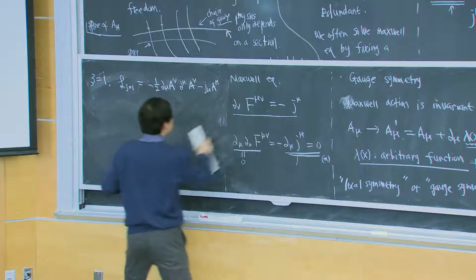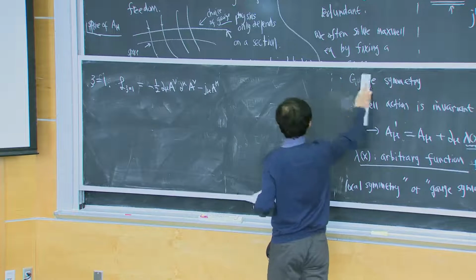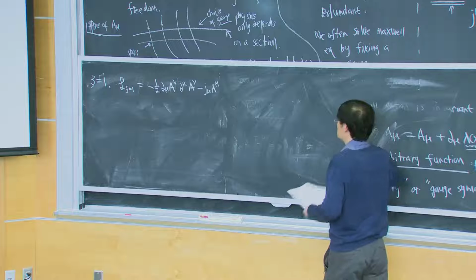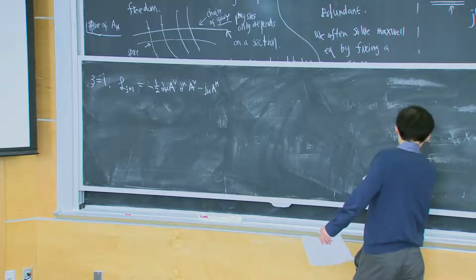It just becomes very simple. Again, the action now looks like you have just a bunch of free massless scalar fields.